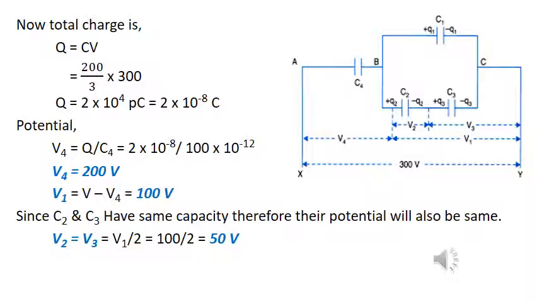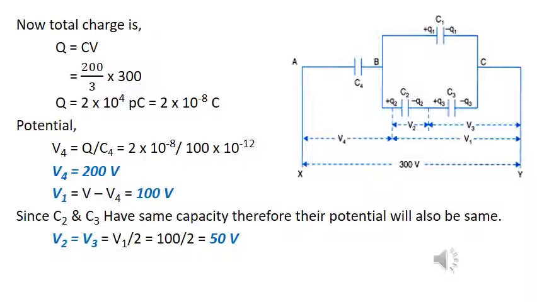Now we can find out the potential across C4, which will be equal to Q by C4. So by putting the value we get V4 is equal to 200 volt.